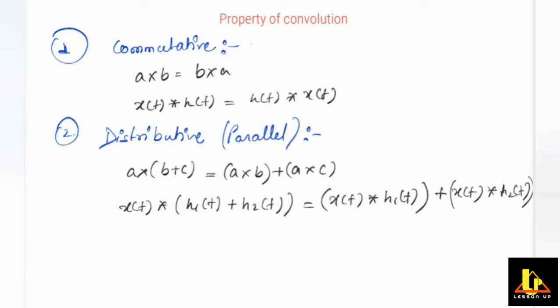Now our third property is associative, or we call it cascade or series.